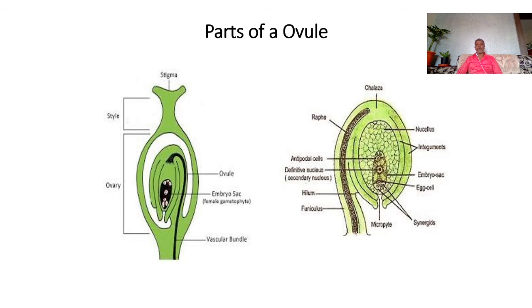Crassinucellate ovules have extensive nucellar tissue, that is, the parietal tissue within the nucellus is more, and they are seen in polypetalae. Whereas in tenuinucellate, only a single layer of nucellus is seen, and these are present in sympetalae. So tenuinucellate ovules are advanced when compared to crassinucellate ovules.